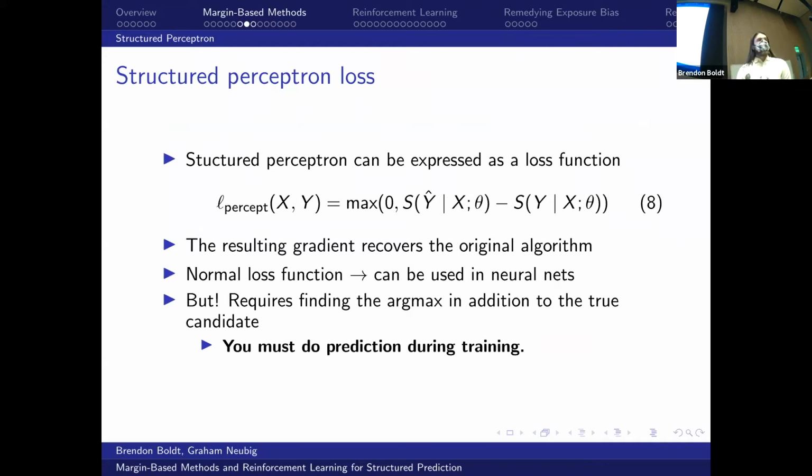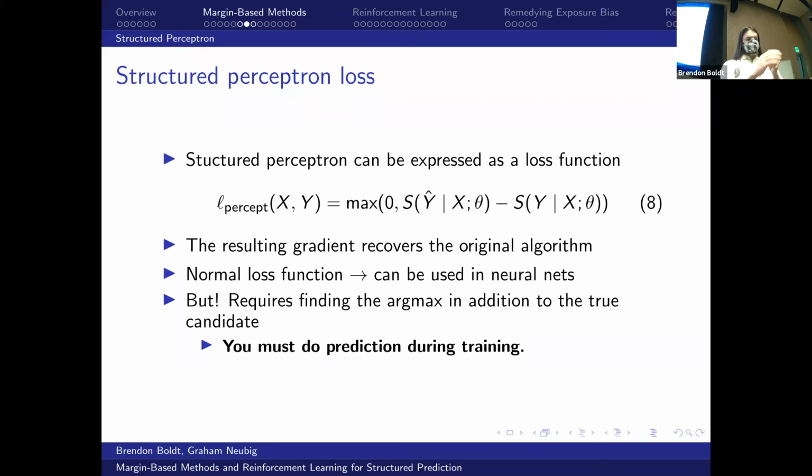We can express this a little bit more succinctly if we just show it as a loss function. What you see here is we just have the max of this zero term and the undifferentiated scores. When you take the derivative of this, this is just going to yield that structured perceptron algorithm you saw before.